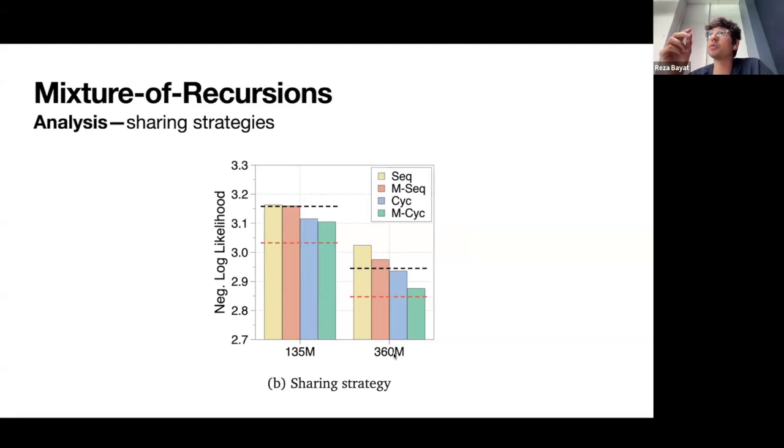If the score is lower than the threshold, it's going to be exited, and if it is higher than the threshold, it's going to pass through more recursion steps, and then we will predict it. I think the question is, what does that distribution look like? Distribution of the router? Recursions per token. Is it like a power law distribution?